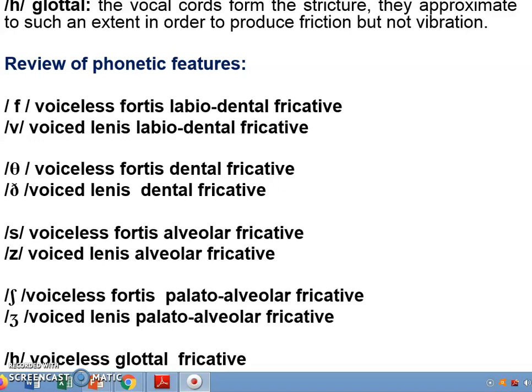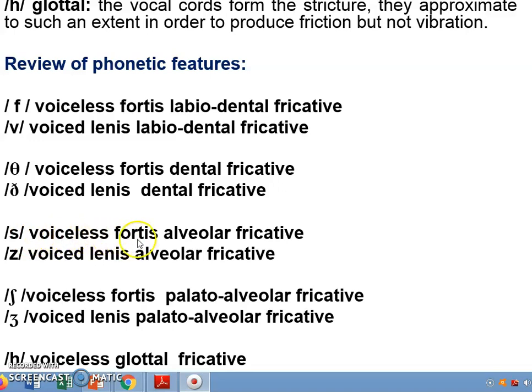Let's review the phonetic features of fricatives. Well, f is voiceless, fortis, labiodental, v, voiced, lenis, labiodental, and they are fricatives, of course. Th is voiceless, fortis, dental, and th is voiced, lenis, and dental.